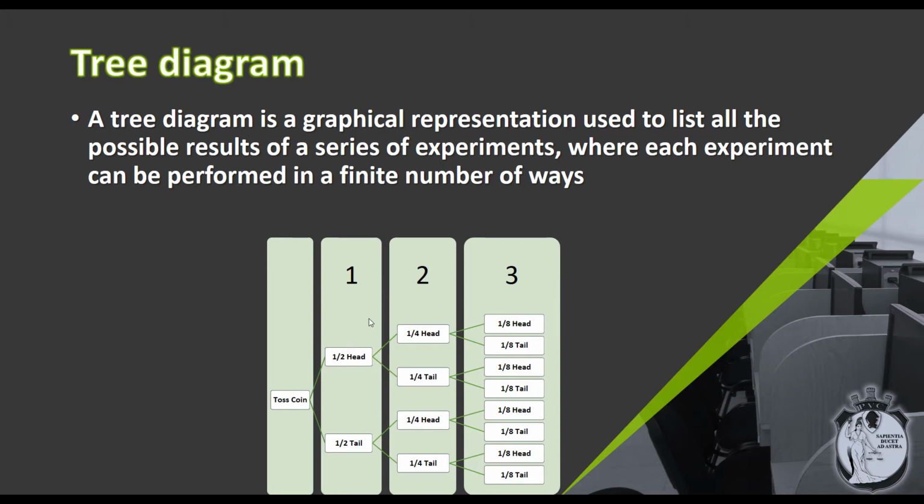When you flip a coin, you can get a head or a tail. But if you have 2 coins and you flip them, you can get 4 different results: head and head, head and tail, tail and head, or tail and tail.